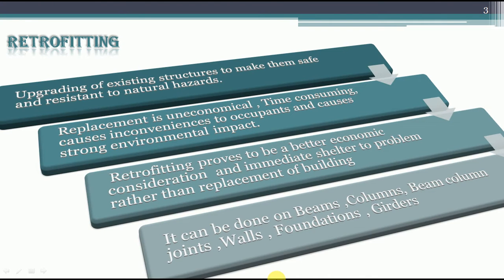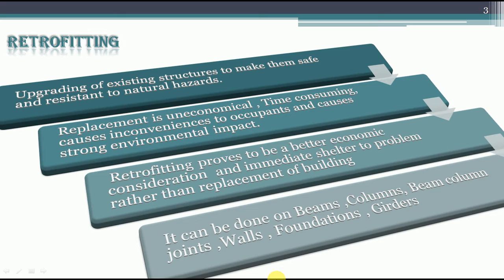Retrofitting is the upgrading or strengthening of the existing structures to make them safe and resistant to natural hazards. If an existing RCC structure gets damaged due to poor design or due to natural hazards such as earthquake, flood, heavy wind, etc., there are two possible solutions.